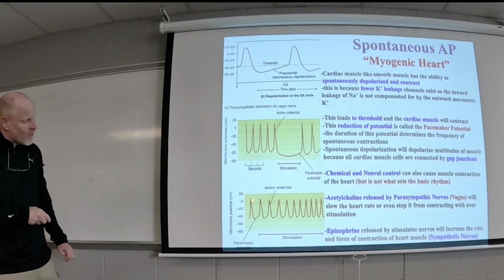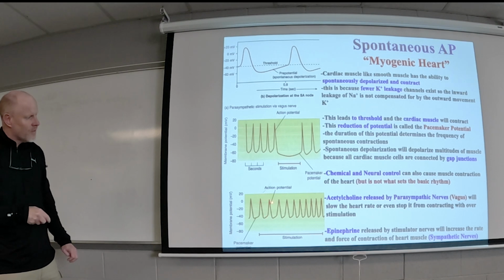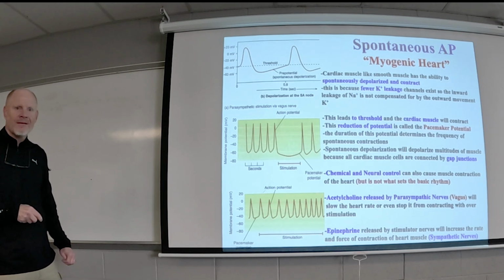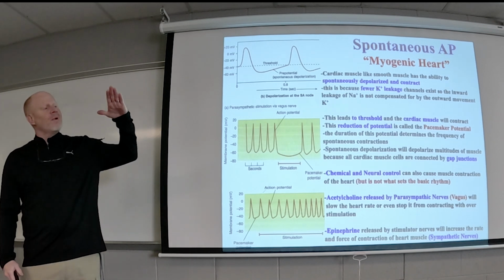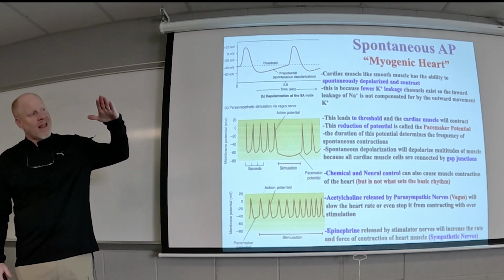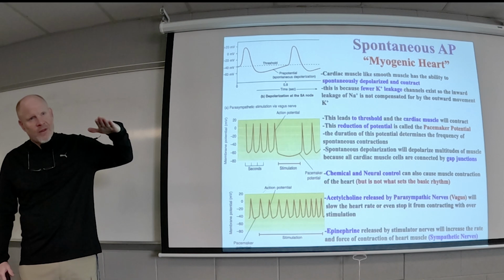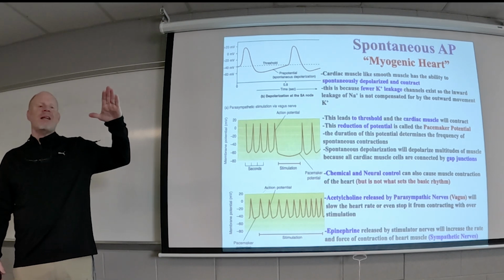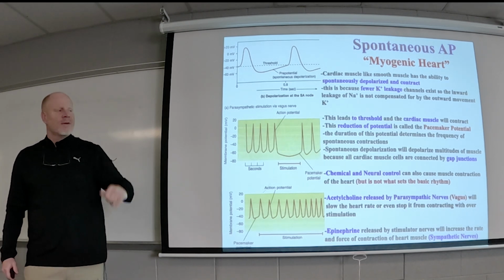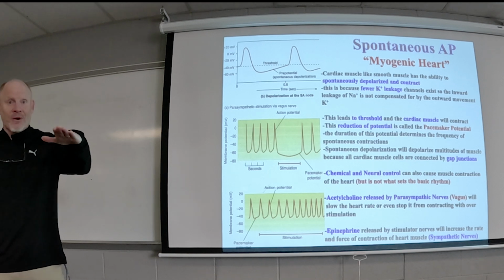Here, we have normal, and then you add some epinephrine, and then all of a sudden they get closer together, right? With the parasympathetic nervous system, you flatten the funny current. With the sympathetic nervous system, you steepen the funny current. You reach threshold faster or slower, correct?